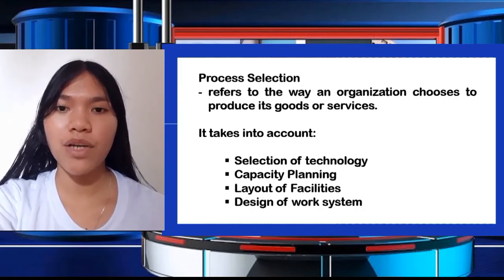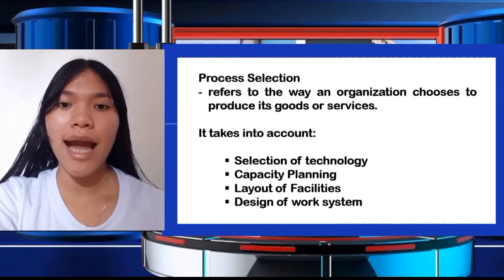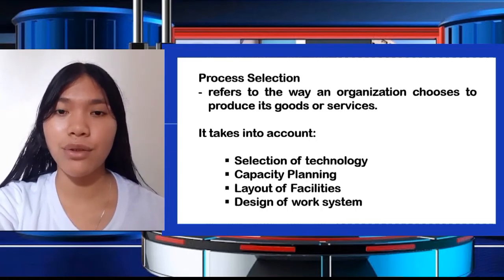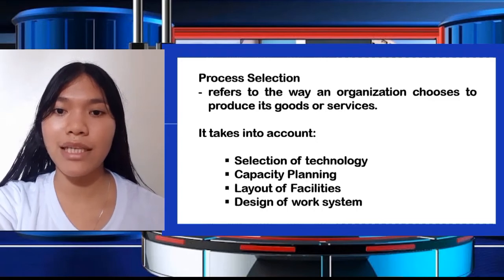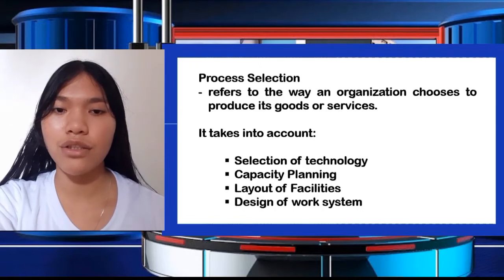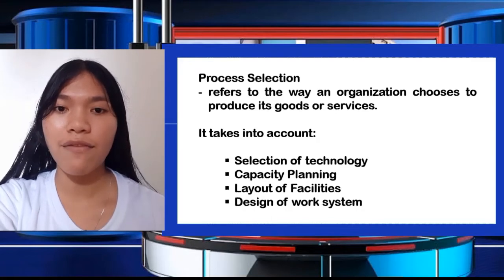Facility layout also considers available space, the final product, the safety of users, and the convenience of operations. In process selection, organizations have to make sure that their technology and other equipment are placed in a safe manner, because it is also convenient for the operation to move production smoothly and faster.